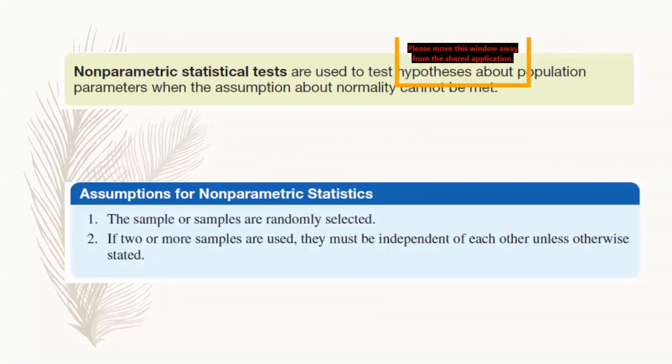So, when do we use it? Non-parametric is used when we cannot assume that it is normal. Yes. If we cannot assume normality, then use non-parametric.